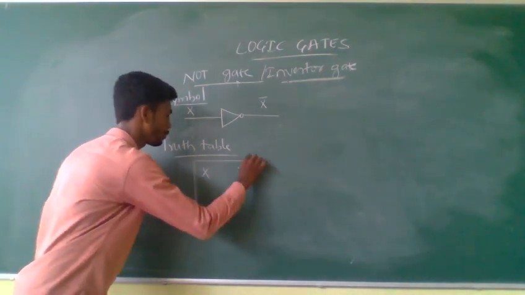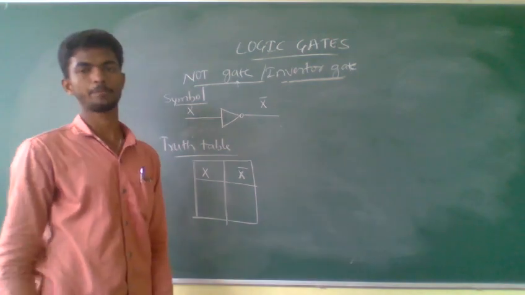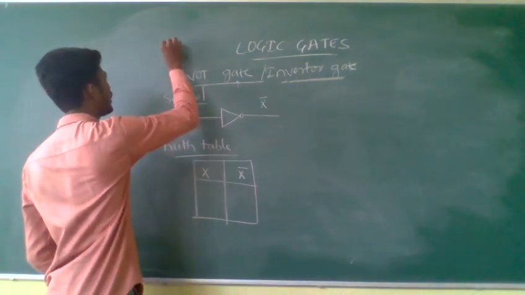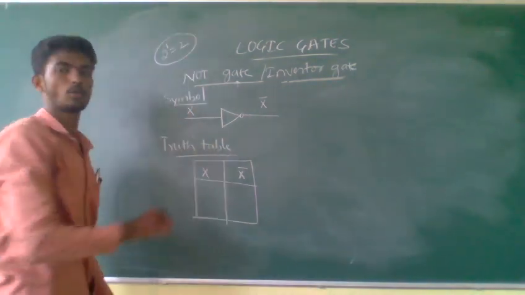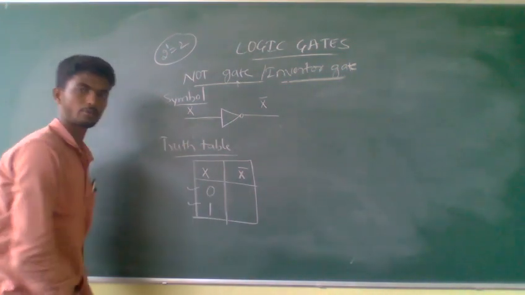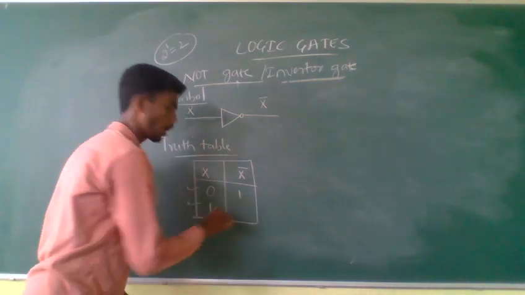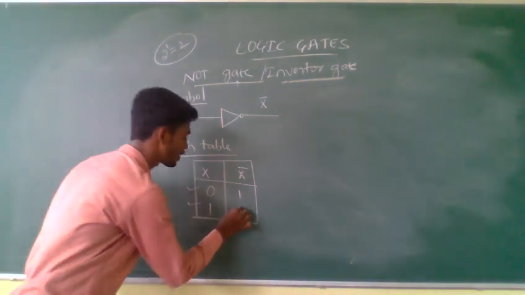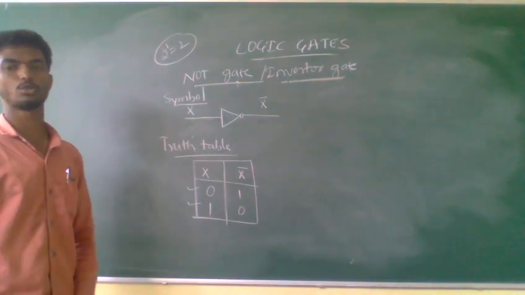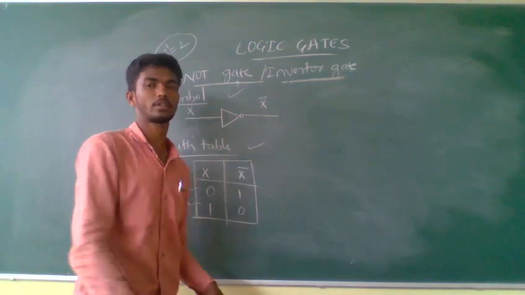With one input, the combinations are 2 to the power of 1, so there are 2 combinations of inputs, that is 0 and 1. The complement of 0 is 1, and the complement of 1 is 0. This is the truth table for the NOT gate. This is the symbol and this is the truth table.